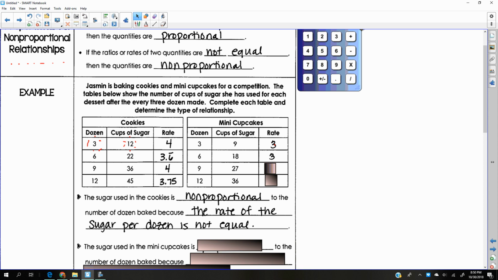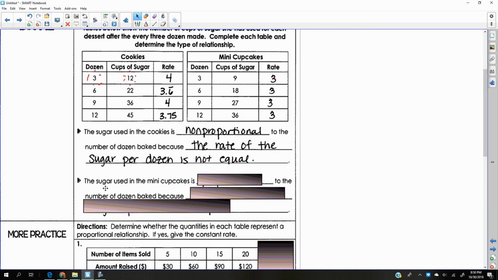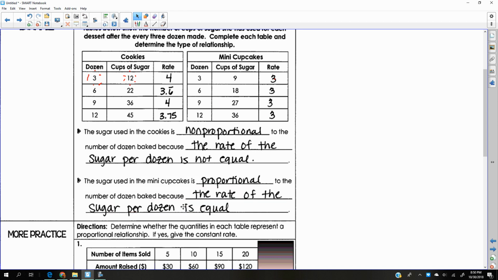We see a pattern here. 9 dozen cupcakes needs 27 cups of sugar. 9 times 3 is 27. And finally, 12 dozen needs 36 cups of sugar. 12 times 3 is 36. So therefore, the sugar used in the mini cupcakes is proportional to the number of dozens baked because the rate of the sugar per dozen is equal.